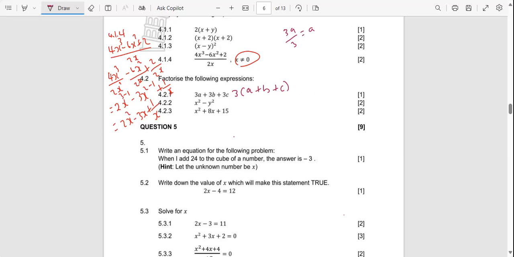And then here, this is a difference of two squares. Guys, I told you from our previous lesson that when you see an exponent with an even number, and then there is a negative and another perfect square.